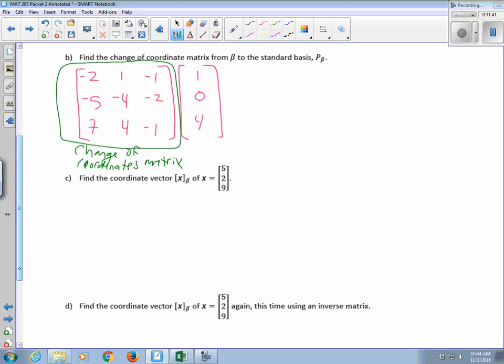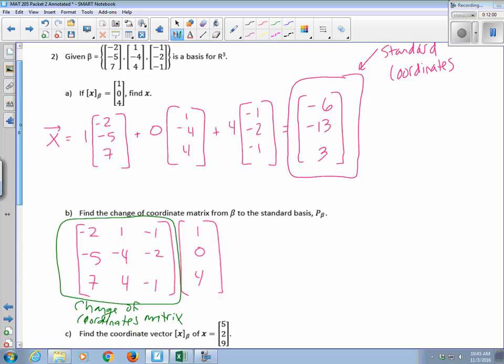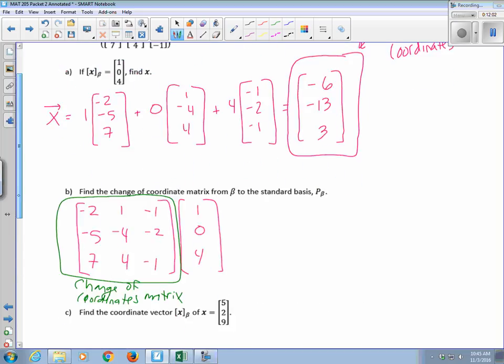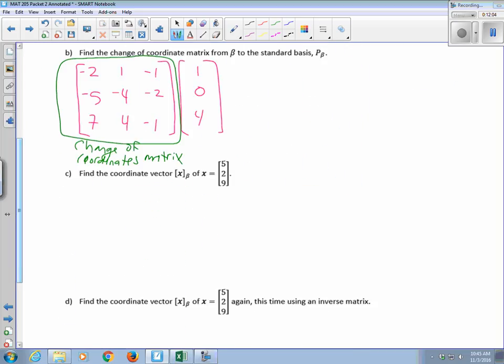All right, so now I'm going to have you go backwards. Now I want you to find the coordinate vector given the x. So this is your standard (5, 2, 9), 5i, 2j, 9k, right? And I want you to find the coordinate vector for this other weird basis. What weights do you put on this new basis that I gave you to create this (5, 2, 9)?